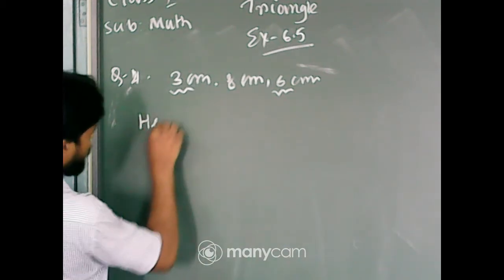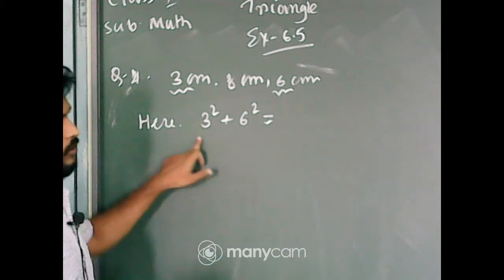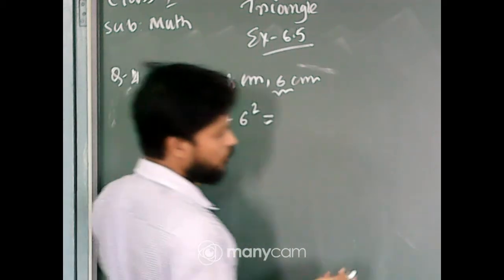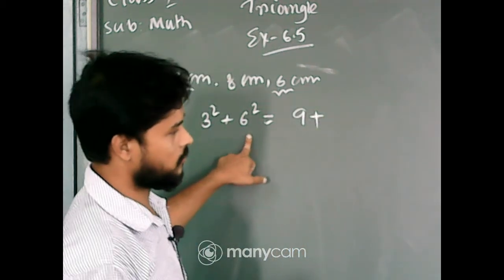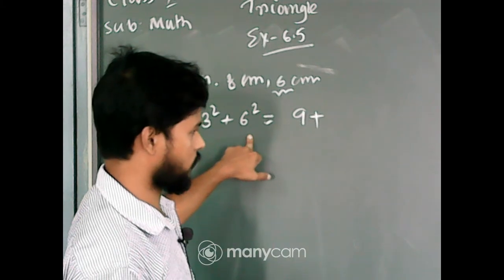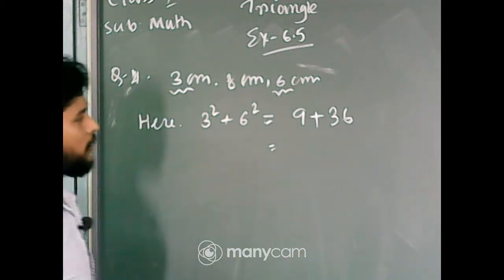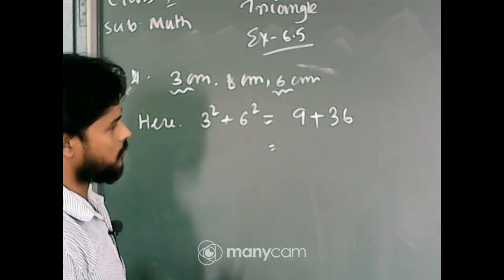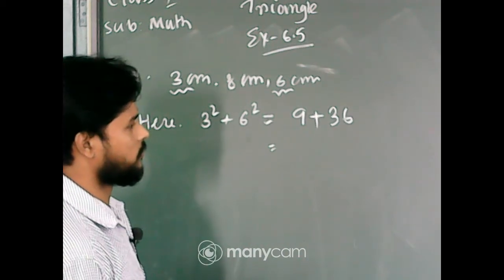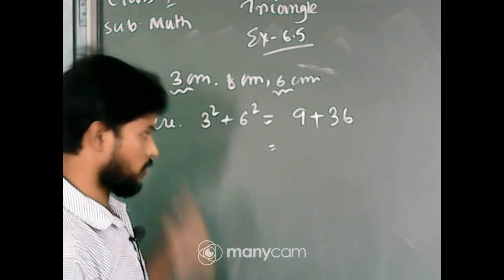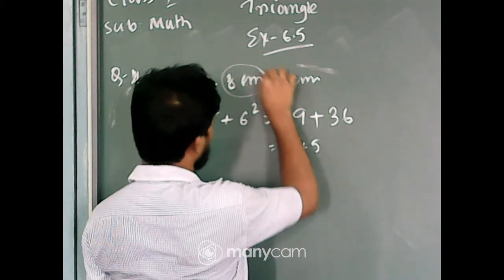Here 3 square is 9, plus 6 square is 36. If I add them, 9 plus 36, that is 45.